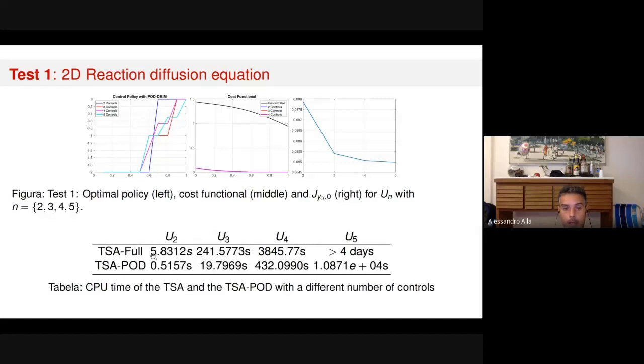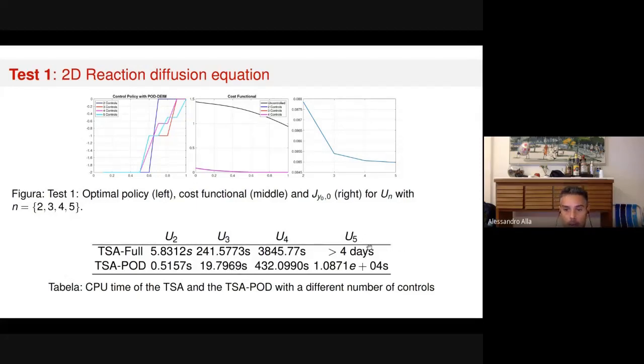You see that here it's 5 plus 19, this is 24. And this coupling is actually 10 times faster than a straightforward tree-structure algorithm with 3 controls. So this is why model reduction is also interesting, in terms of speed up of the approximation.